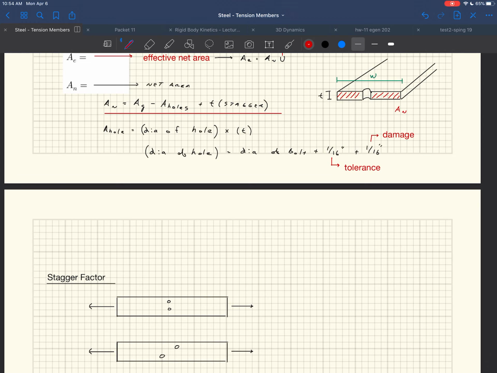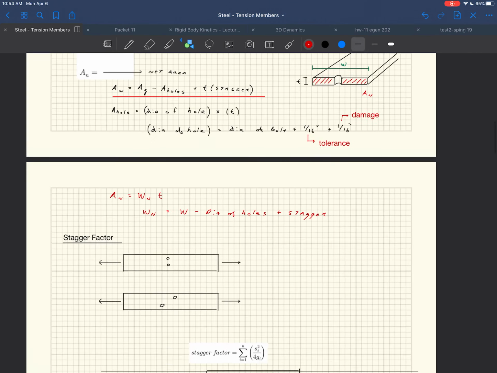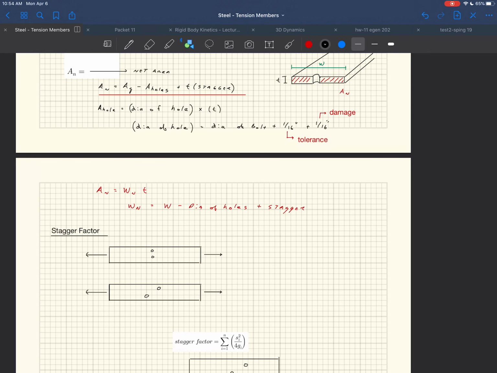What the code says is A_N is equal to W_N times T. And then the code says W_N is equal to your width minus the diameter of holes plus a stagger. And there are certain cases where it doesn't really make sense to do it this way. So this is what the code does.